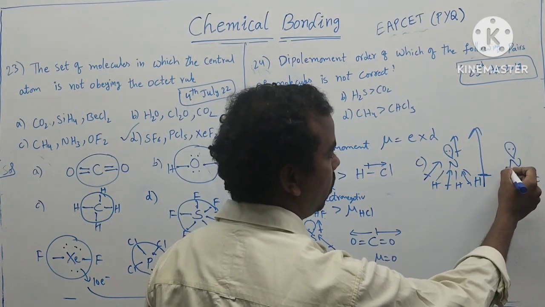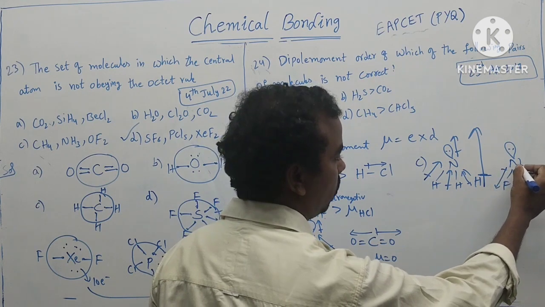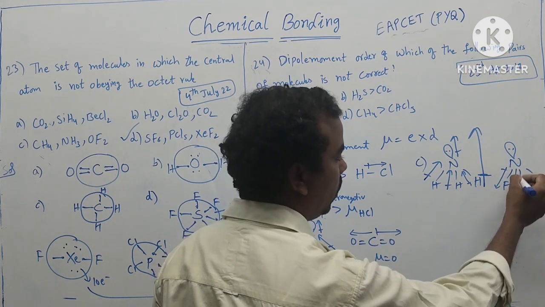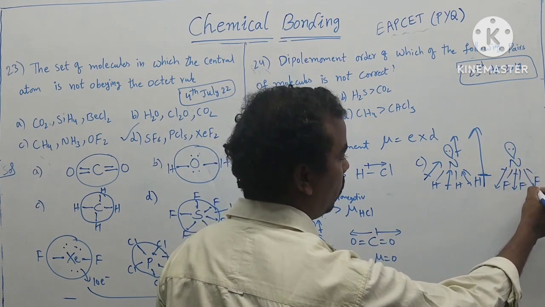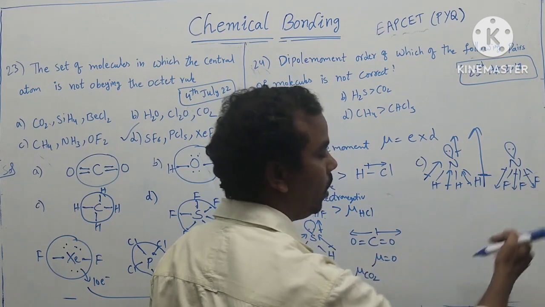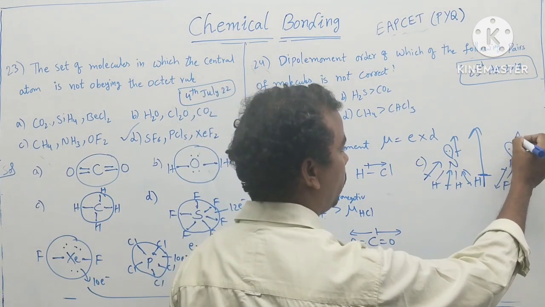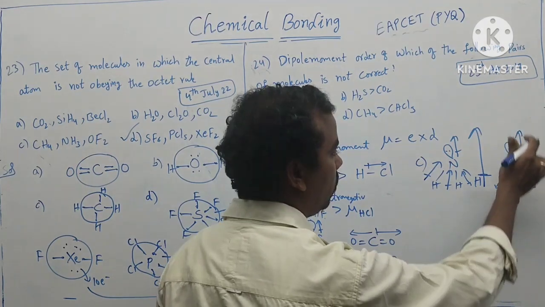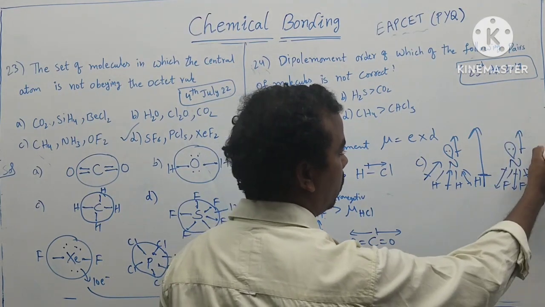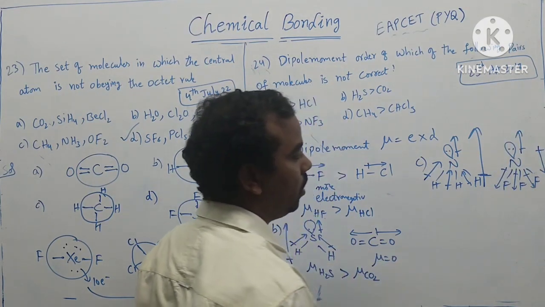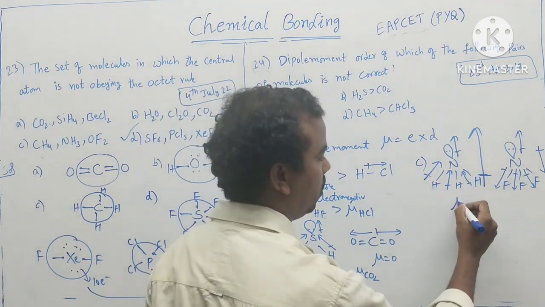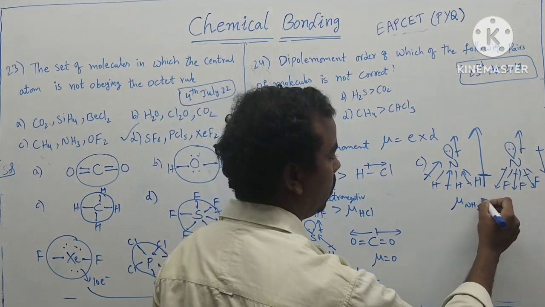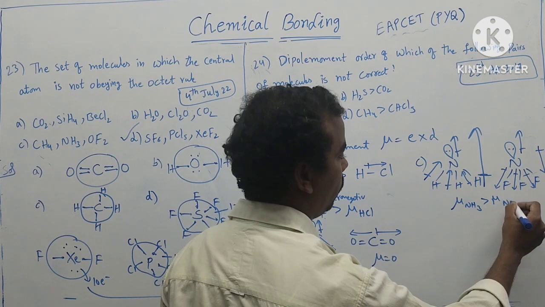But in NF3, fluorine is more electronegative than nitrogen, so the dipole moment for the 3 fluorine atoms is downward and the lone pair is upward. These two partly cancel each other, so the dipole moment decreases. So mu NH3 is greater than mu NF3.